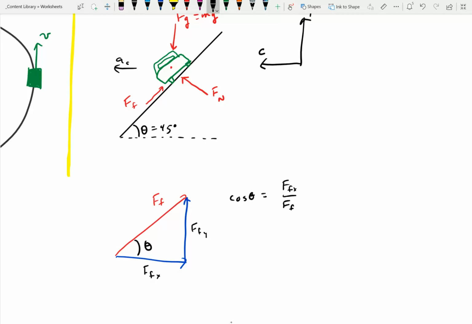Therefore, the force of friction in the x direction is equal to the force of friction times cosine theta. And likewise, sine theta is the opposite side, which is force of friction y, over the hypotenuse, force of friction. So force of friction y is equal to force of friction times sine theta.